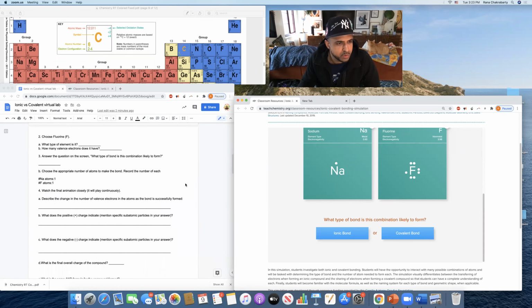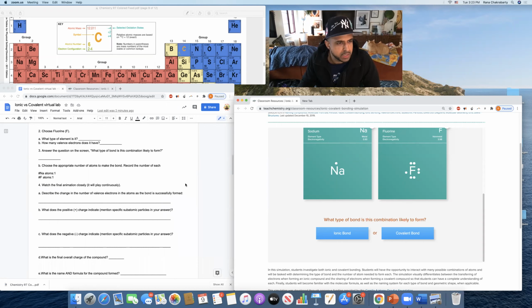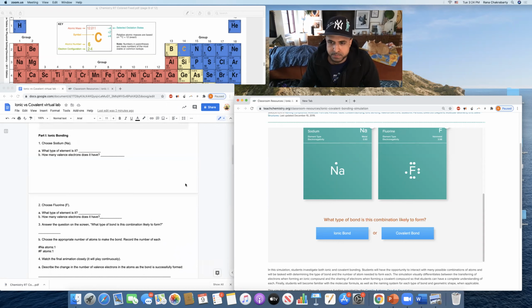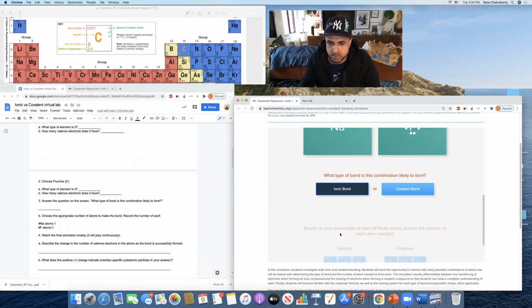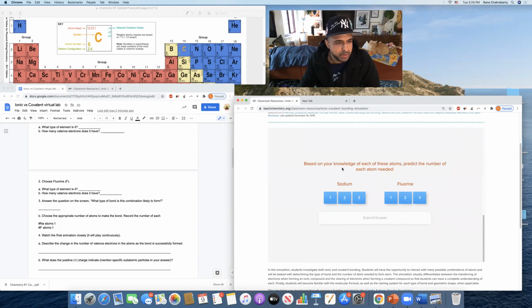But anyways, what type of bond is likely to form? So it's ionic. And now this is the part you need help with. One thing you have to keep in mind is that compounds have to be balanced. So sodium is +1, right? See how it says +1? And fluorine is -1.